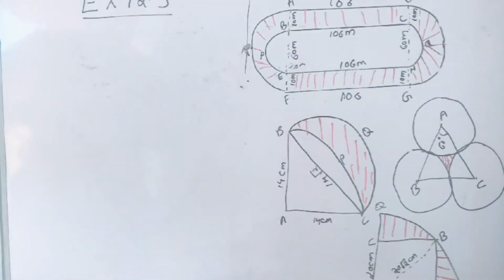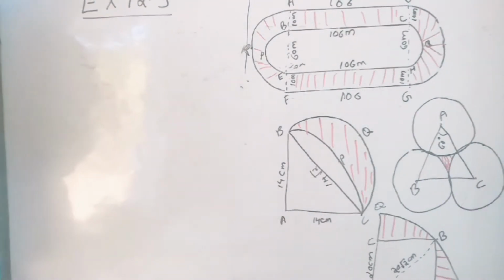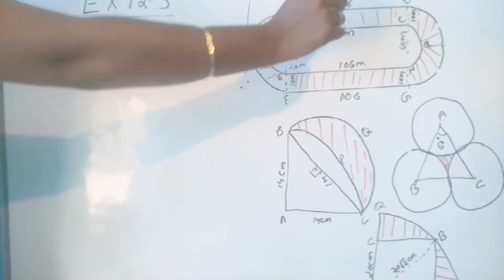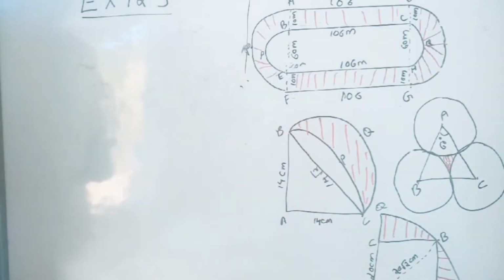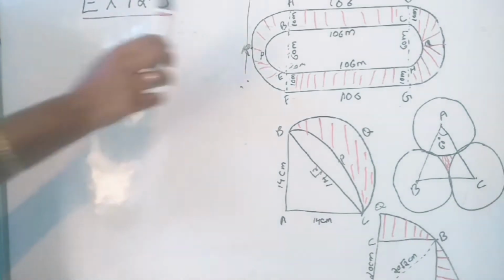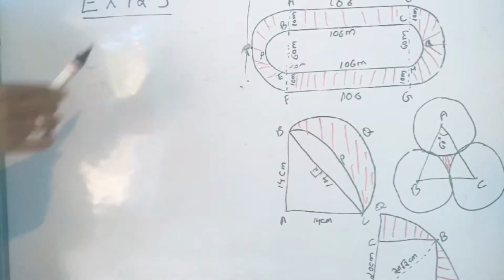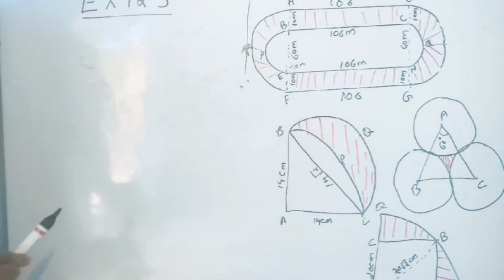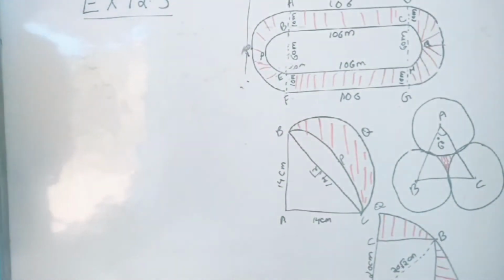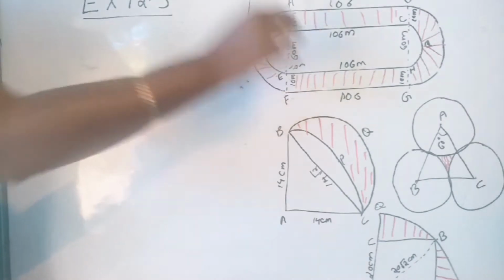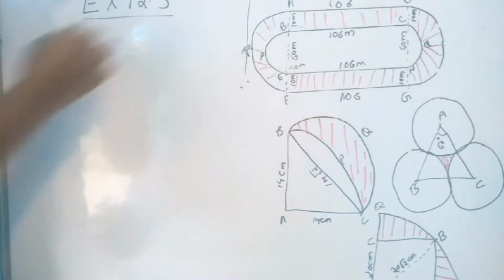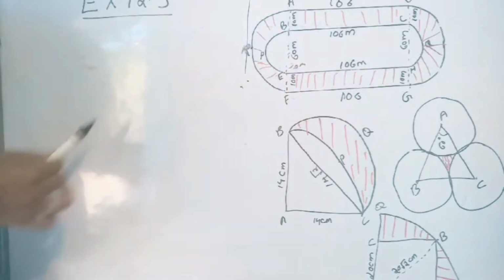The given information is that the left and right ends are semicircular. The distance between the inner parallel lines, that is between BC and EH, is 60 meter, and the length of BC and of EH is 106 meter.